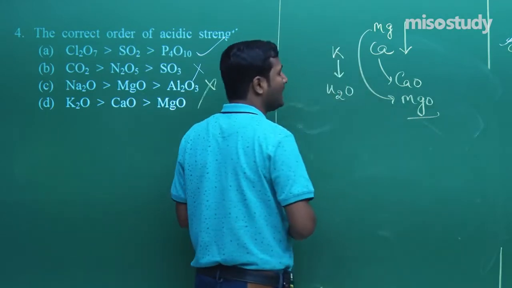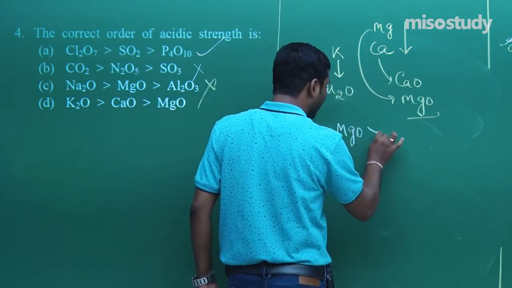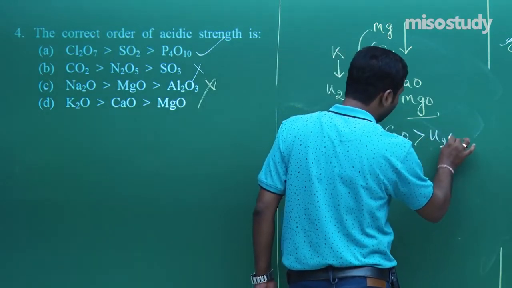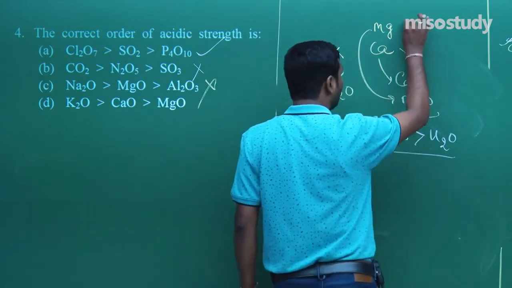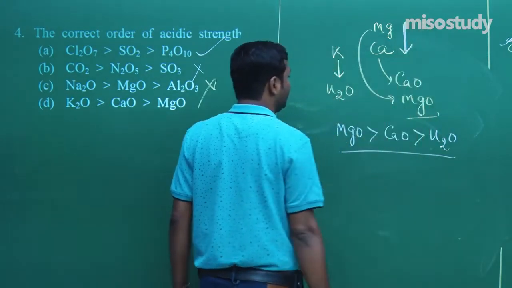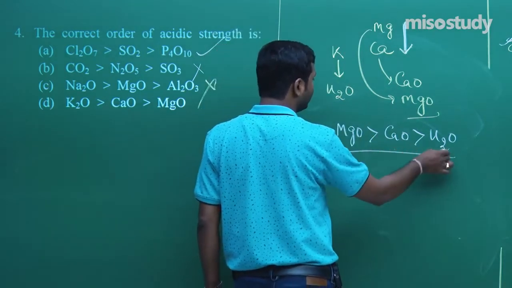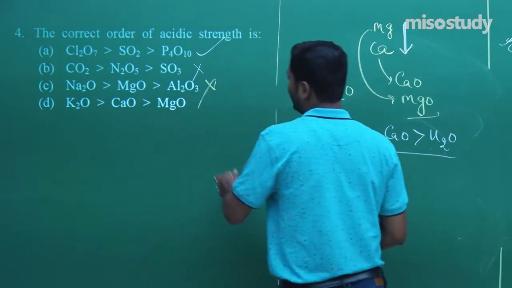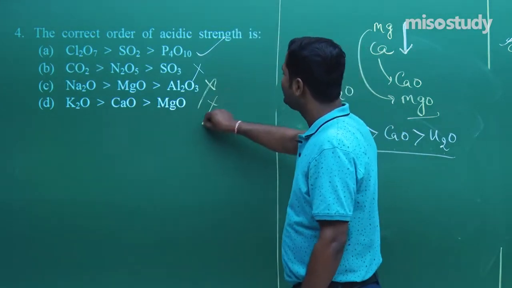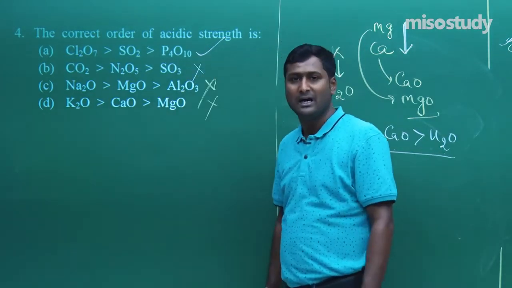So what about the actual order? First comes MgO, then CaO, and finally K2O, because when we move down the group, the basic nature of the oxide increases. So MgO has more acidic character in comparison to CaO and K2O, but here the order is different. So B, C and D are not correct options. For this question, A is correct.